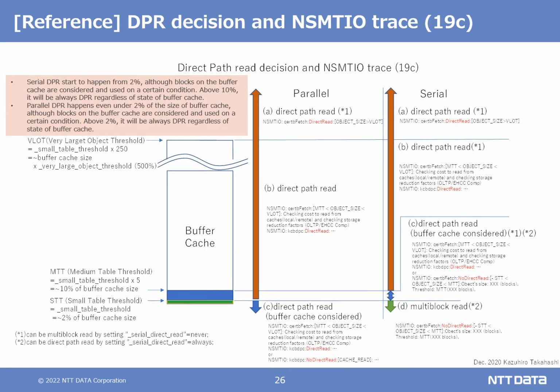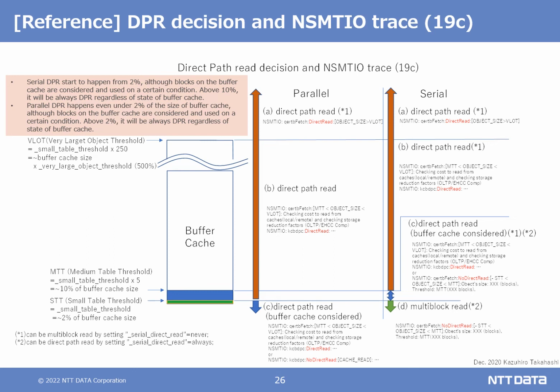For reference, this is a test result of the DPR decision in my test environment of 19.3 on VirtualBox. I confirmed NSMTIO trace messages with different segment sizes around the thresholds of STT, MTT, and VLOT. The vertical axis shows the segment size and threshold.